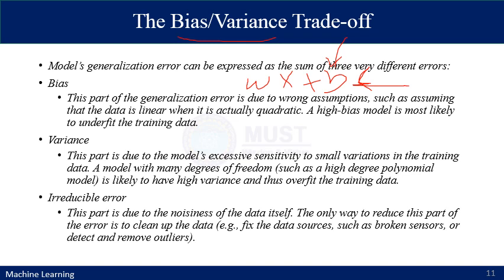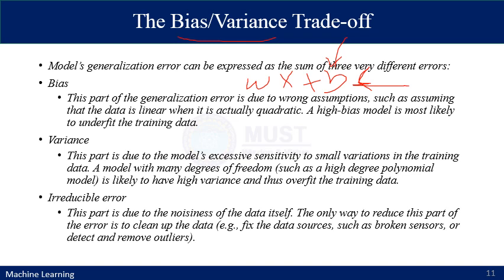On the other hand, the variance part is due to the model's excessive sensitivity to small variations in the training data. A model with many degrees of freedom, such as a high degree polynomial model, is likely to have high variance and therefore it will overfit the training data.